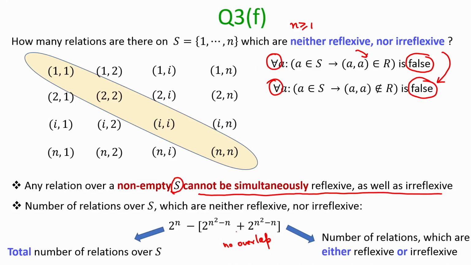To do that, I find out the relations which have one of these two properties, that means it is either reflexive or irreflexive, and subtract out the number of such bad relations from the set of all possible relations which I can have over the set S. The total number of relations which I can have over the set S is 2 power n², and if I subtract out the number of reflexive relations, which is 2 power (n² − n), which we have calculated, and the number of irreflexive relations, which also is 2 power (n² − n), then that will give me the total number of relations which are neither reflexive nor irreflexive.